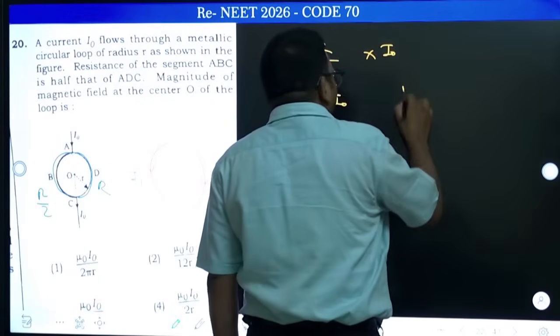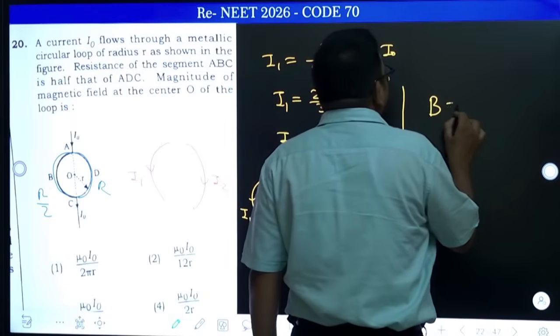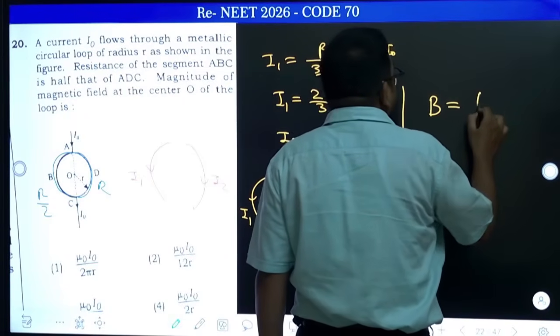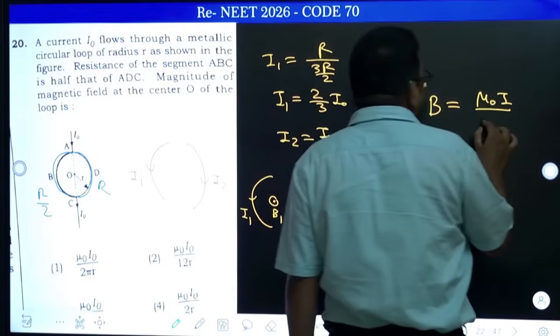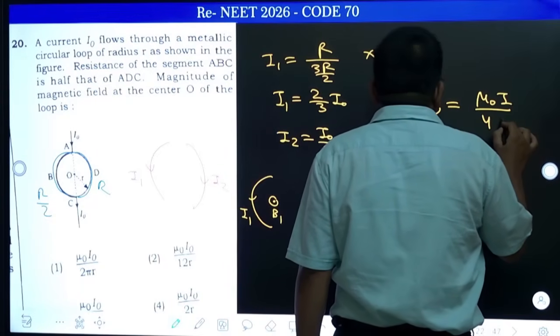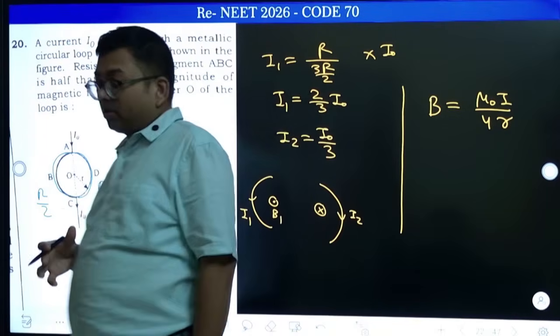So what is the formula for the magnetic field at the center? And that also, half you have to take. The magnetic field is mu naught I by 2r, but for half we have to use 4r. Sorry, mu naught I by radius.